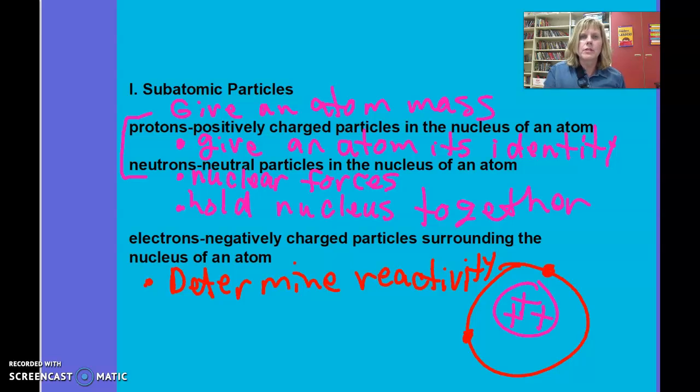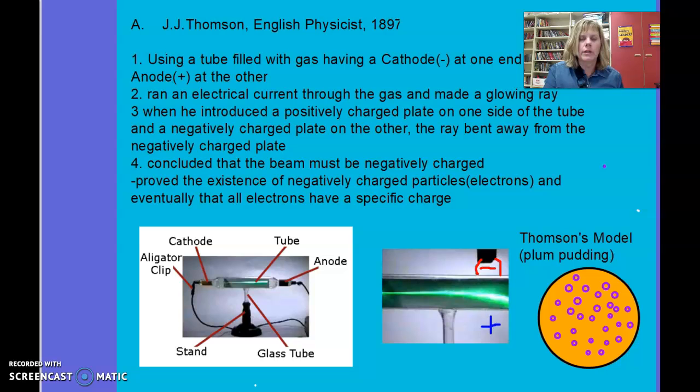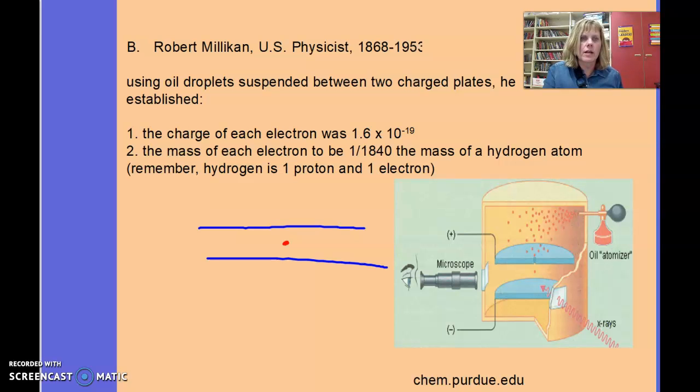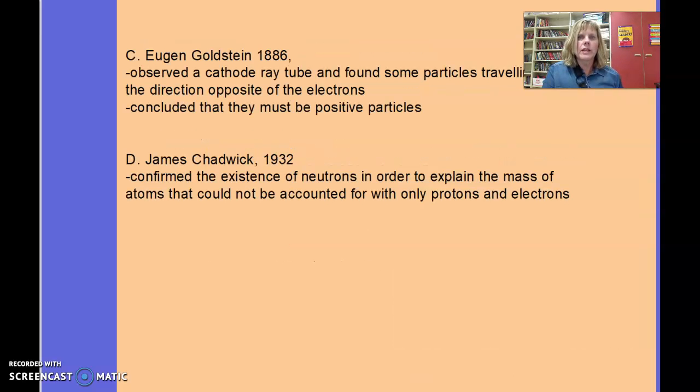You should be able to explain in great detail the properties of protons, neutrons, and electrons. Not just what they are and their charge, but these other postulates are important points too. J.J. Thomson I already mentioned. Robert Millikan figured out the charge of electrons.